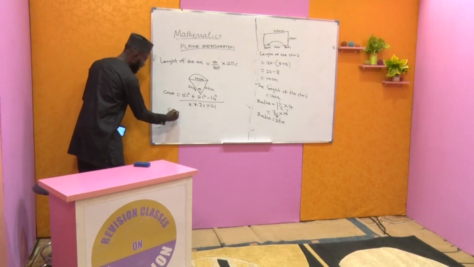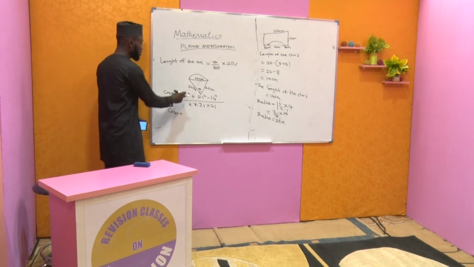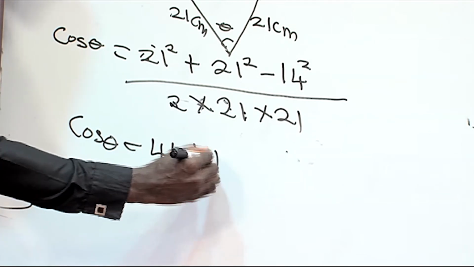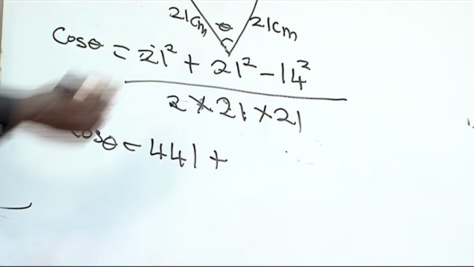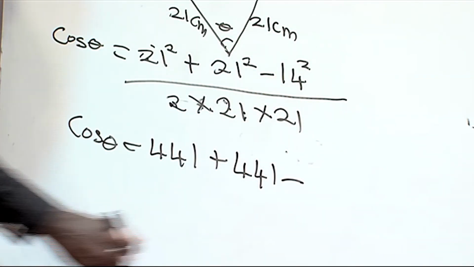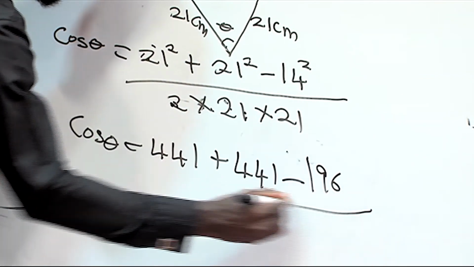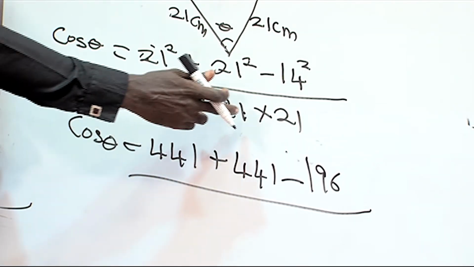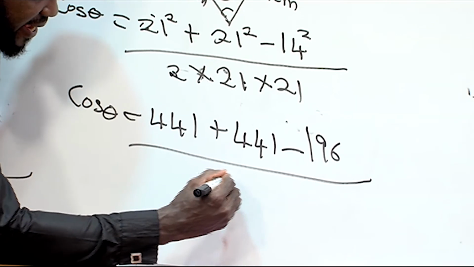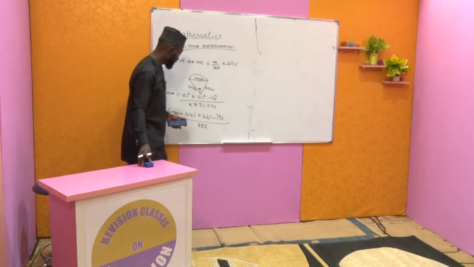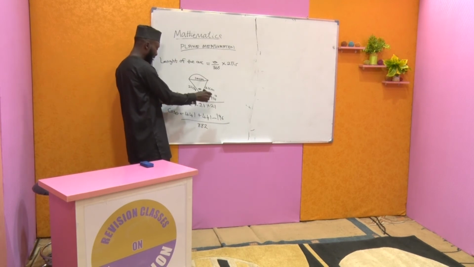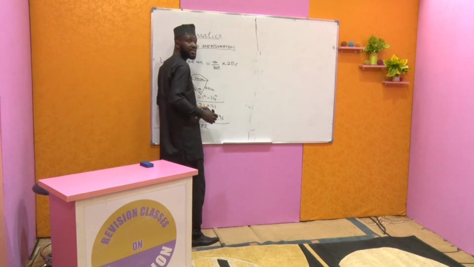So 21 square is going to give us 441, plus 21 square again is still 441, minus 14 square is 196, over 2 multiplied by 21 multiplied by 21, which is 882. By clearing the fraction, we have 441 plus 441 minus 196, which gives me 686.